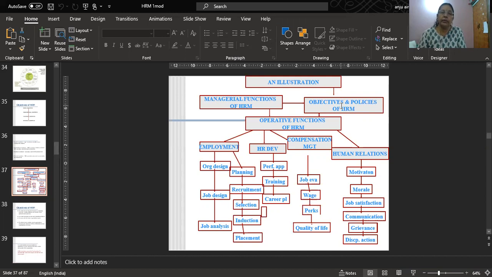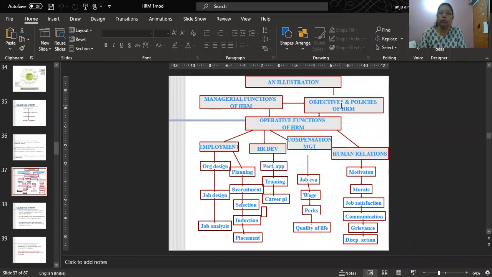So based on managerial functions, the policies and objectives of HR are determined. And based on these two, the policies of HR and managerial functions, the operative functions of HR are determined.